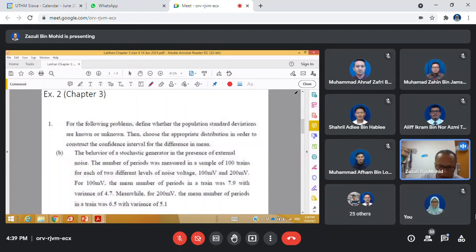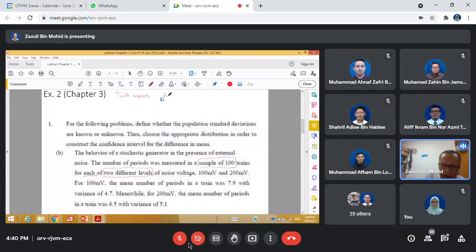Okay? The number of periods was measured in a sample of 100 trains for each 2 different level. From this one, 2 different level. That means you have to compare two means, and then it say the sample is 100 for each.